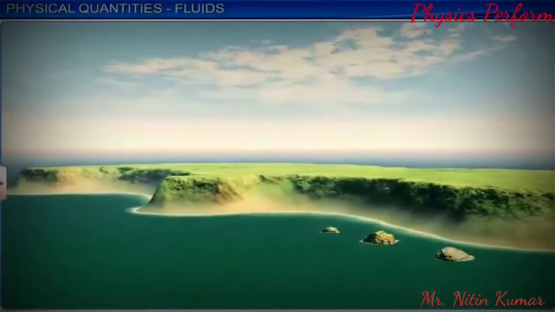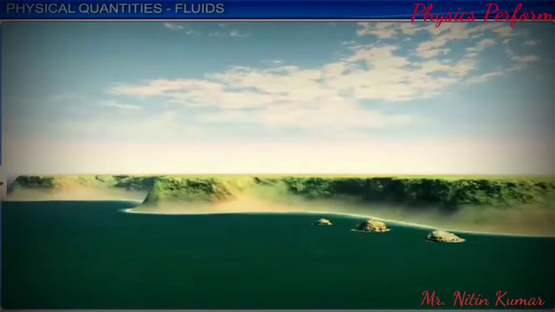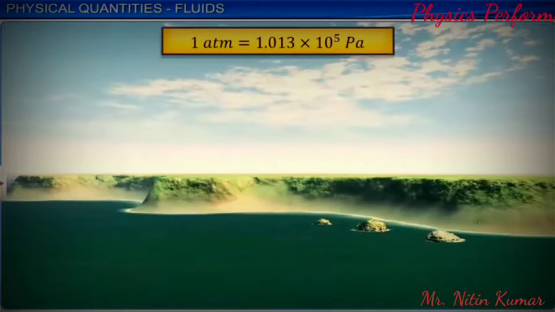Atmosphere is defined as the pressure exerted by the atmosphere at sea level, which is equal to 1.013 multiplied by 10 raised to the power 5 pascals.